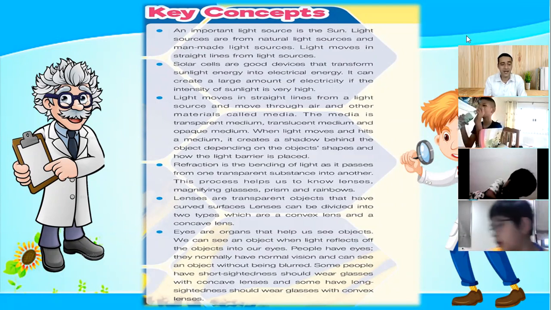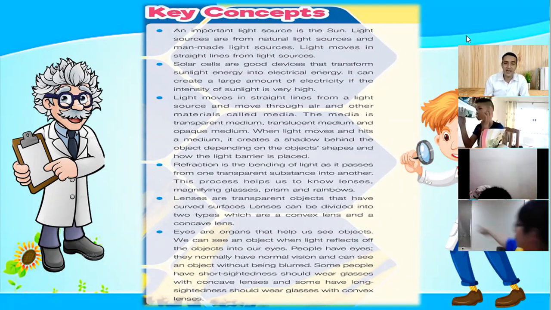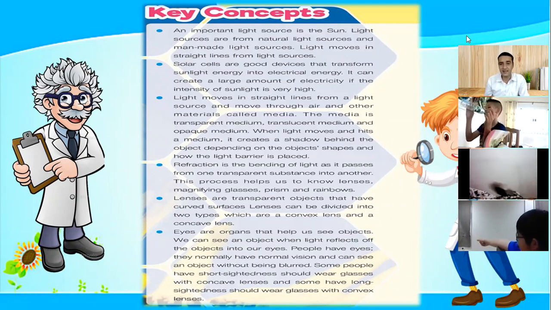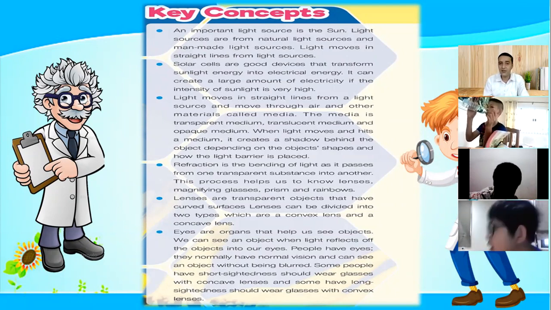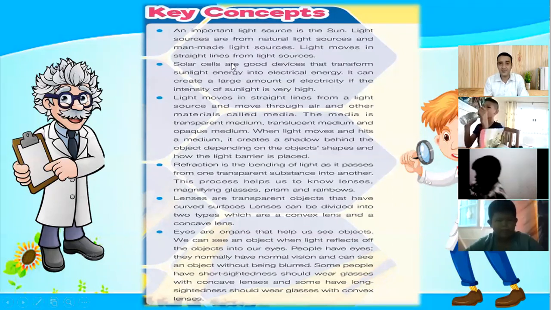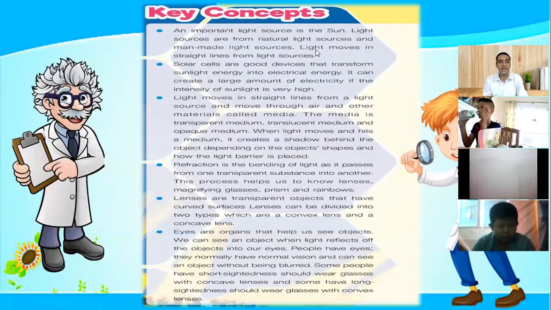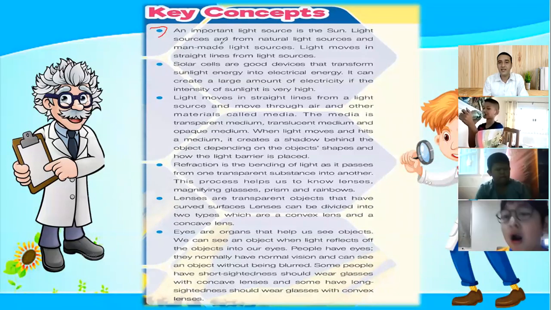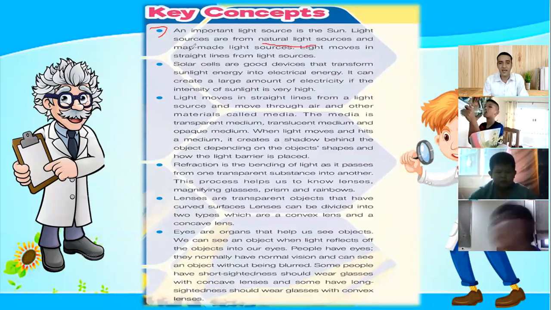First, an important source of light is the sun. Light sources are natural light sources and man-made light sources.